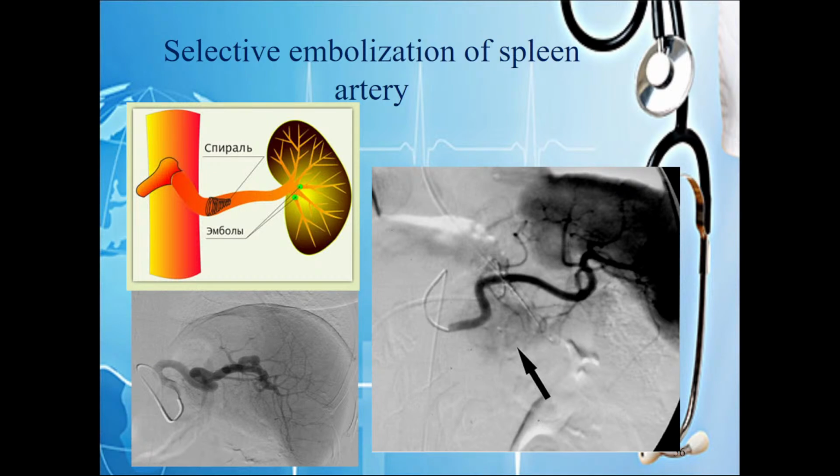Of course, after some period of time, there will be infarction of the part of the spleen, and that is how we will arrest the bleeding and give the patient time, and the spleen will be left in place.